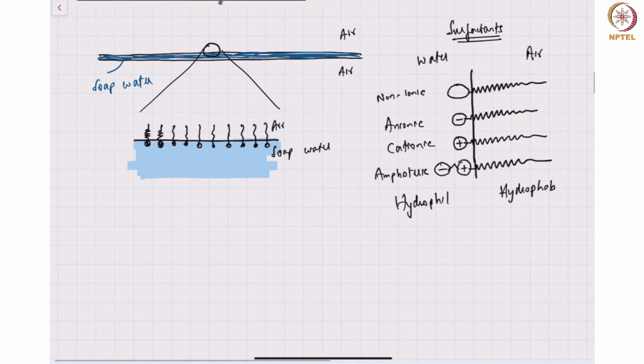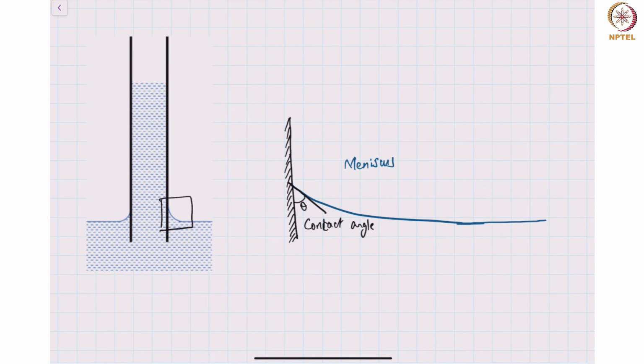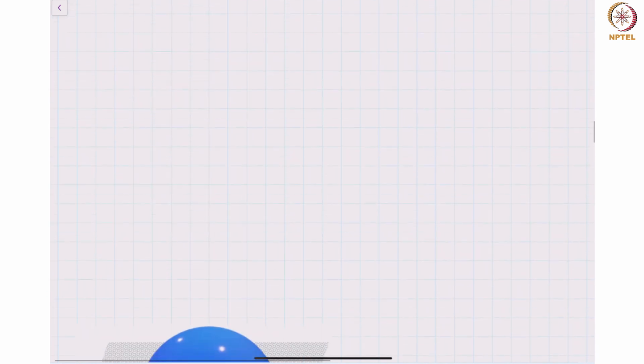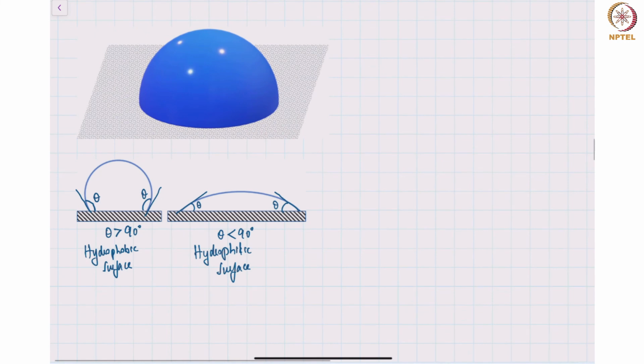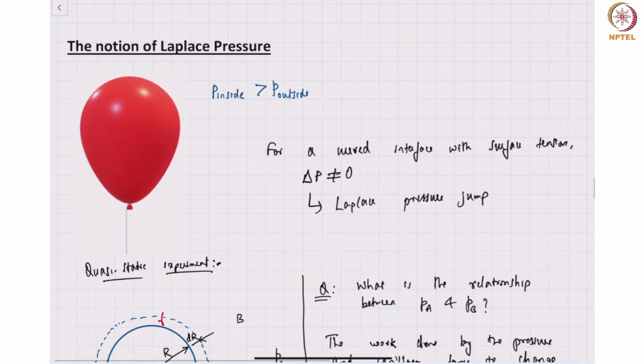And then we looked very briefly at what soap films are. Other consequences of surface tension arise where an interface between two fluids meets a solid. Then you have this notion of the so-called contact angle, and then we saw new vocabulary enter our discussion, words like hydrophobic and hydrophilic surfaces. And then we looked at the notion of Laplace pressure.